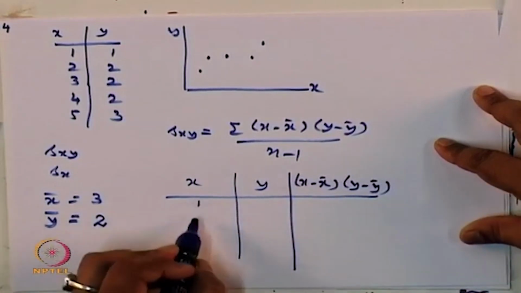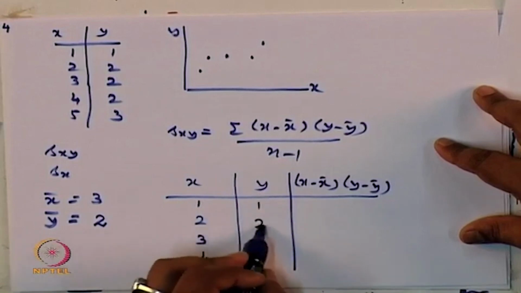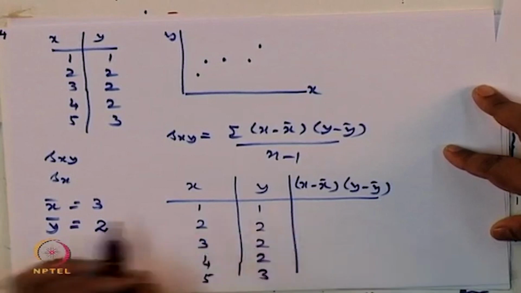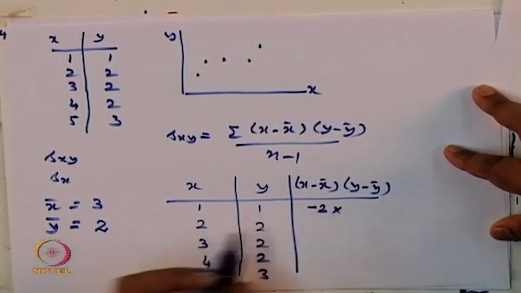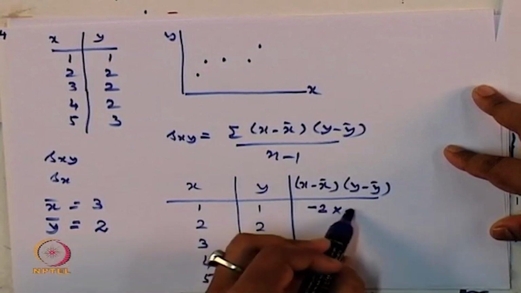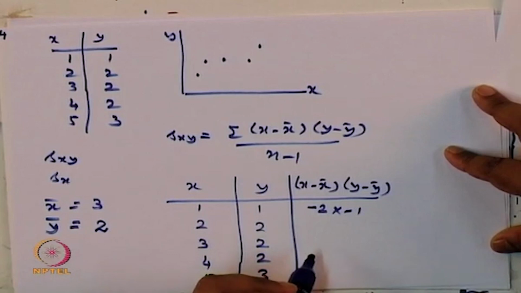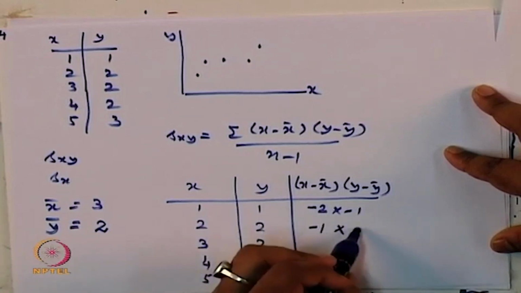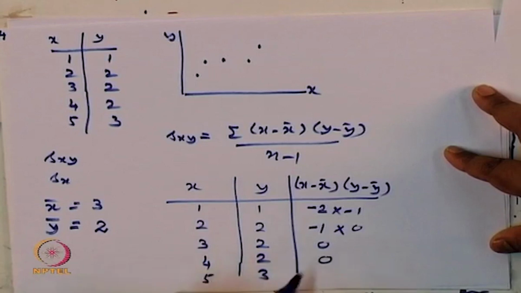Okay. x is 1, 2, 3, 4, 5 and y is 1, 2, 2, 2, 3. In this case, x bar is 3, so for x equals 1 it is minus 2 into minus 1. In case of 2, it is minus 1 into 2 minus 2, which is 0. The 3 will also give you a value of 0, and 4 will also give you a value of 0.